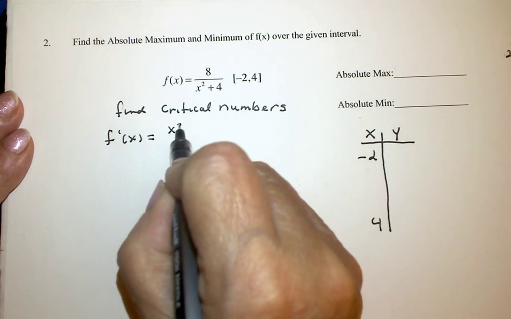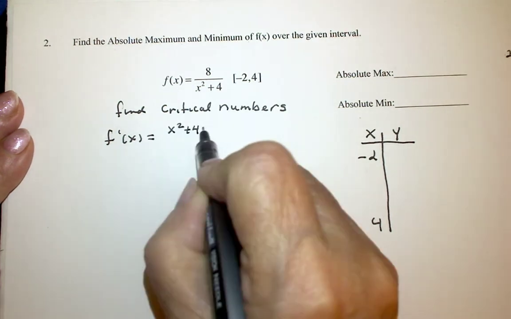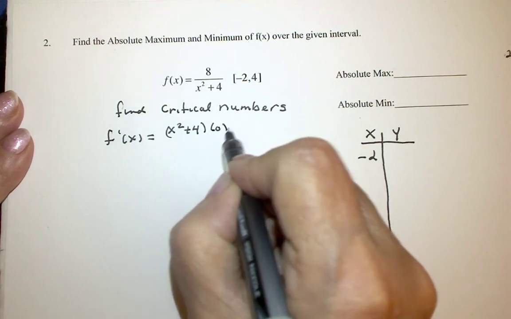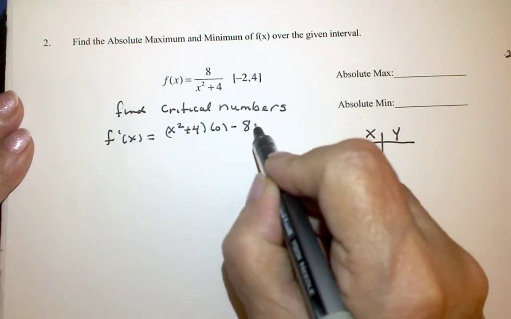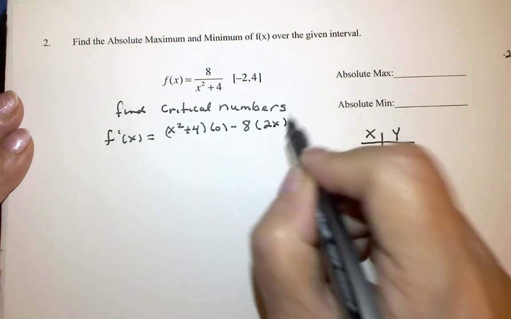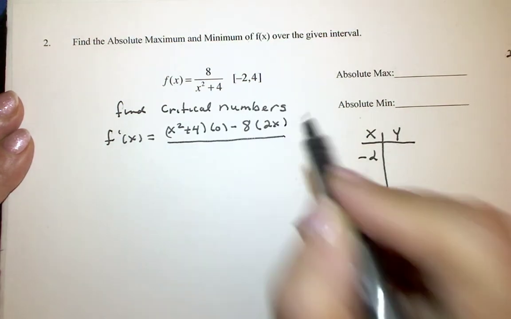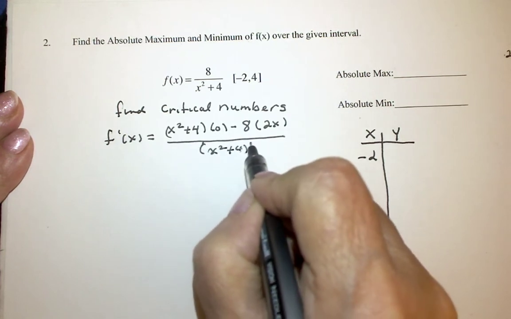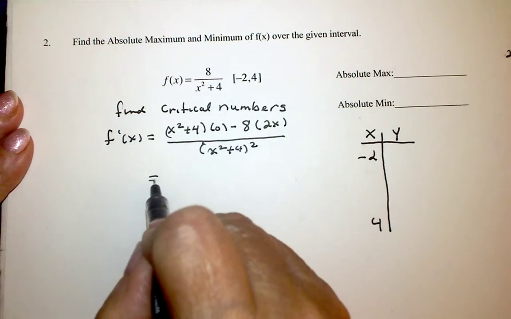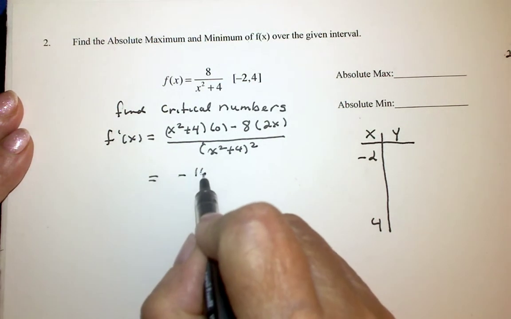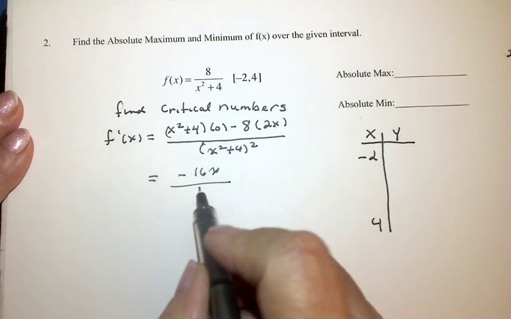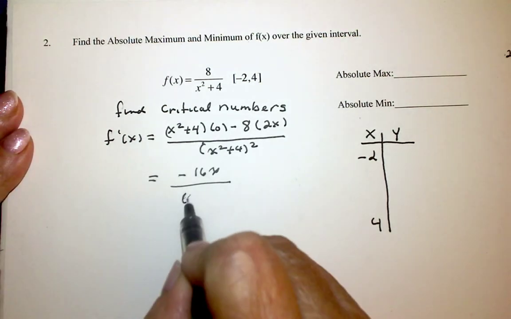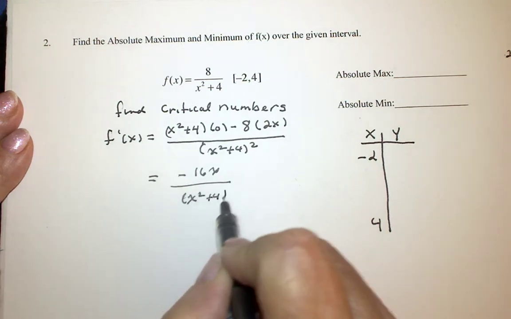So bring the denominator up times the derivative of the numerator minus the numerator times the derivative of the denominator all over the denominator squared, which is -16x over x squared plus 4 squared.